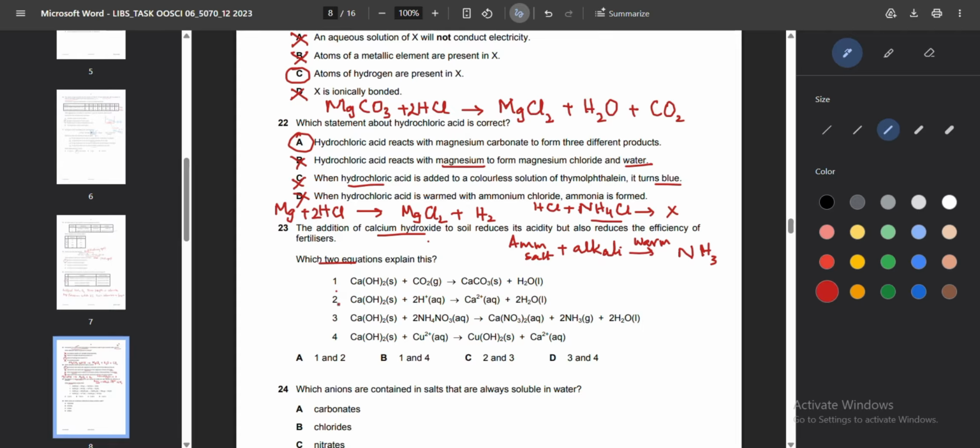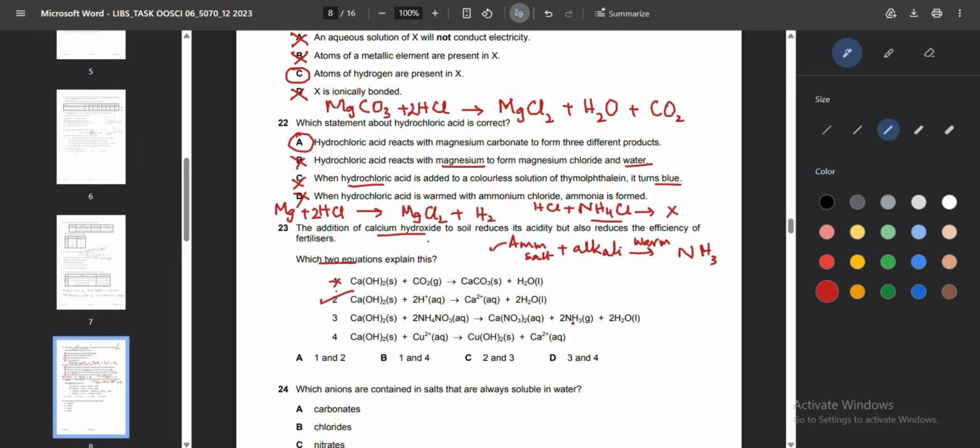So which reactions are correct? Calcium hydroxide does not react with carbon dioxide. It reacts with H positive ions, making the soil acidic. Then this is calcium hydroxide. This is any ammonium salt. So I told you before that when you have any ammonium salt and you react it with alkali, the product is ammonia.